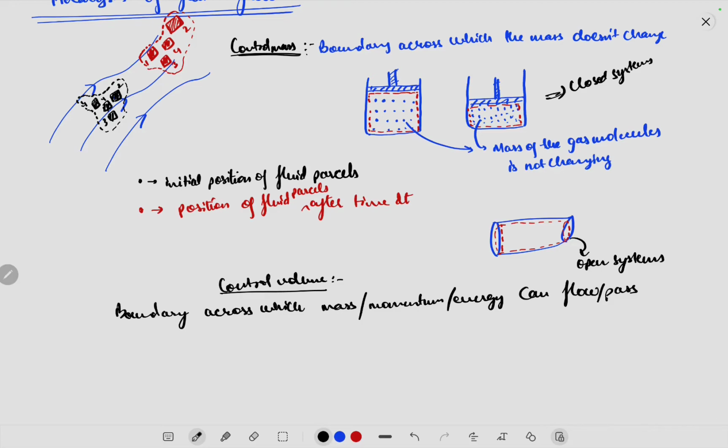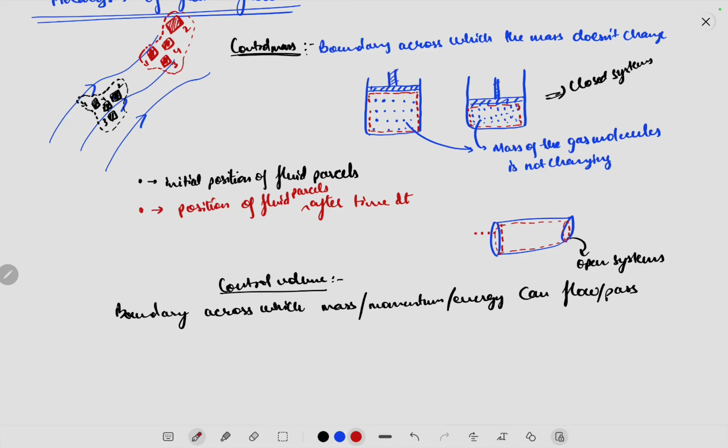Okay, so as we can see over here, the fluid molecules can move inside this fluid element and can also exit from this control volume, right?